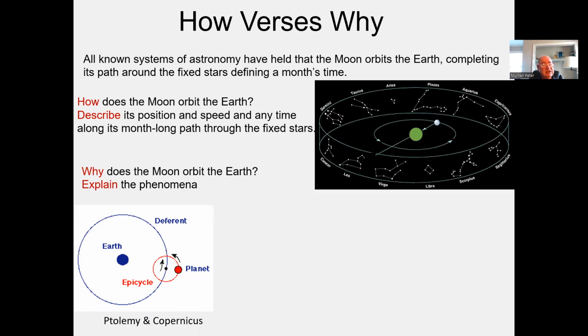This is the different epicycle mechanisms of Ptolemy and also used by Copernicus.